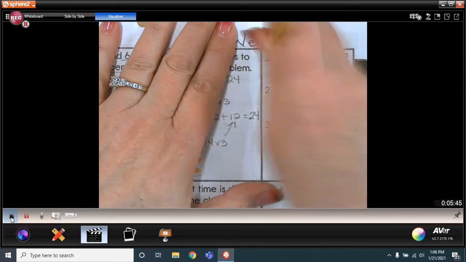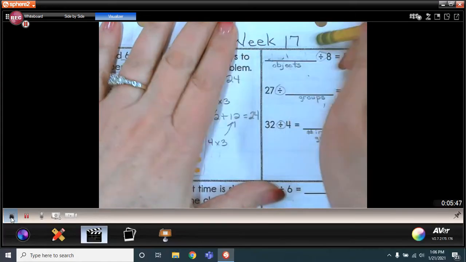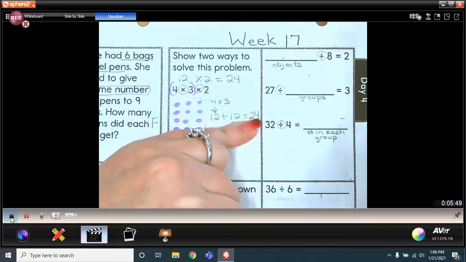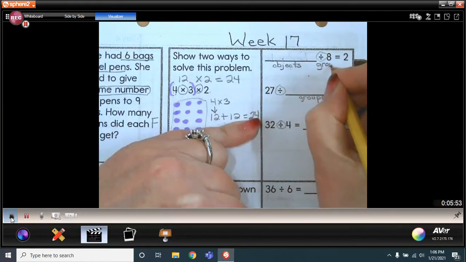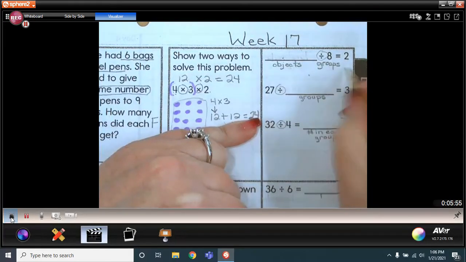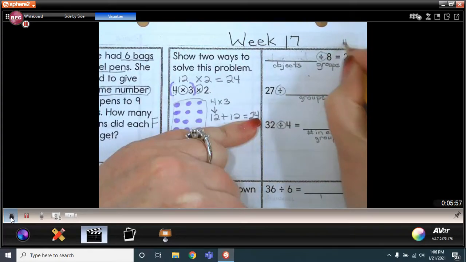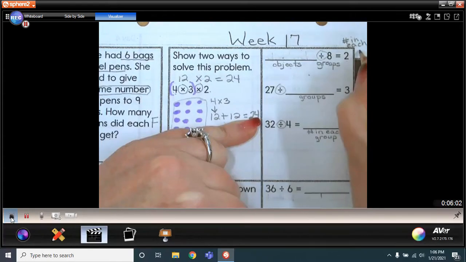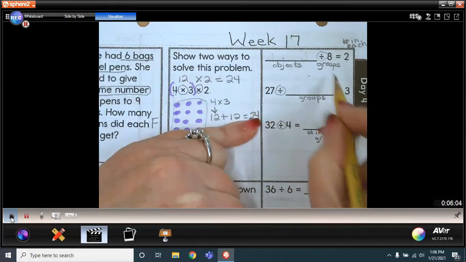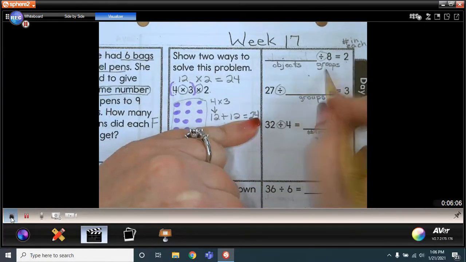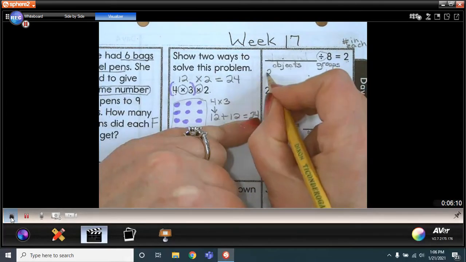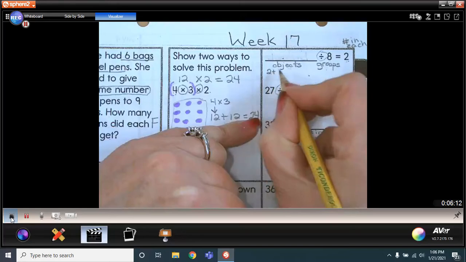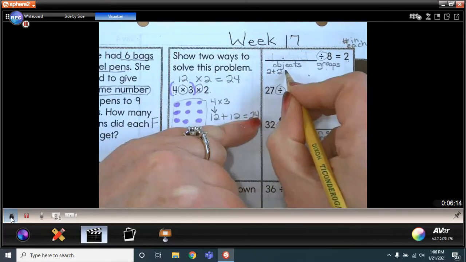Now, what if I don't know how many total objects I have? Well, I can figure that out because my divisor can tell me my groups and my quotient can tell me the number of objects in each group. So if I had 8 groups and I put 2 objects in each group, I could say 2, that's once. Another group is another 2.